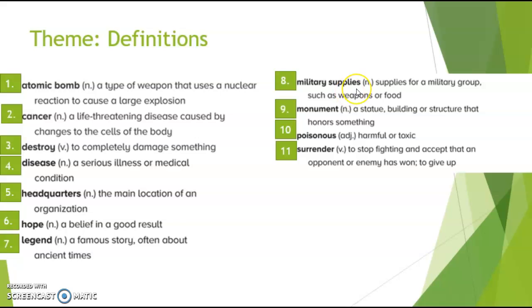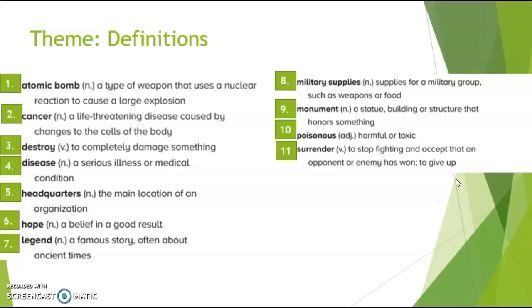So here we are talking about suministros, okay? Military supplies during the war can be guns, some medicine or pills, or something really important that you need and that people are saving in case they are going to use them, okay?